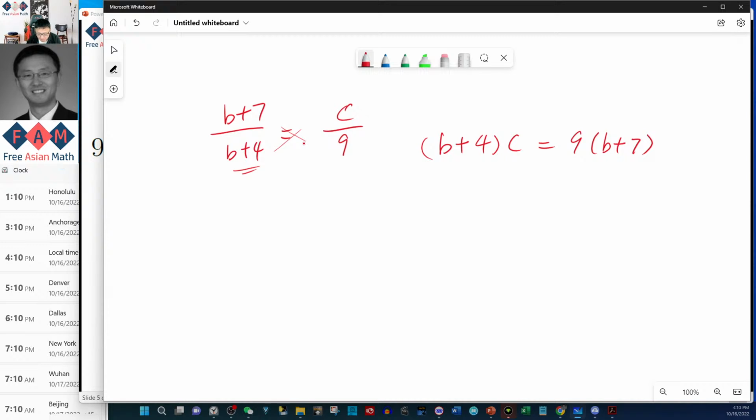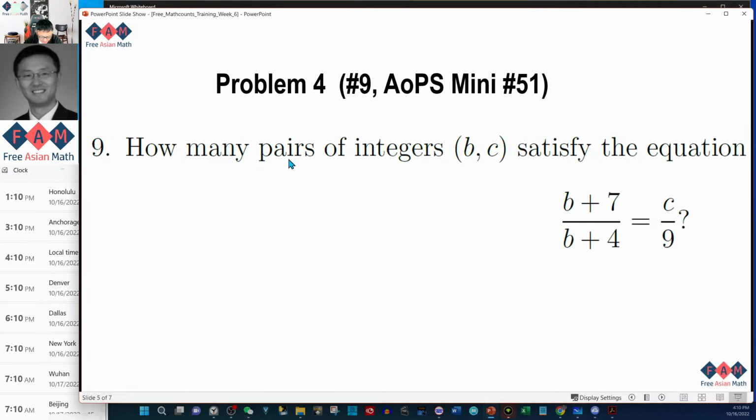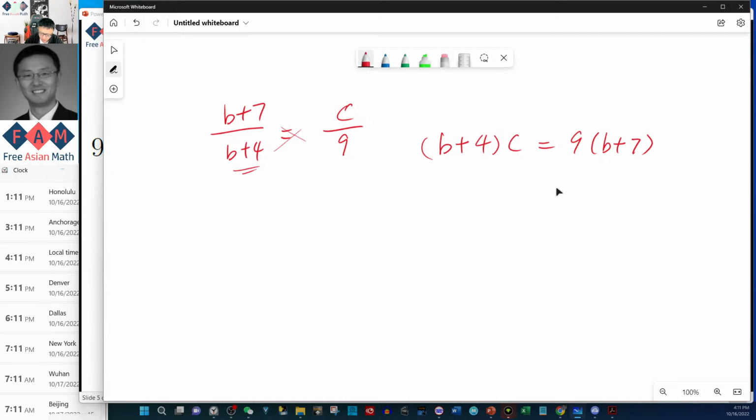So we only have one equation, but we do know that b and c are integers. Integers, but it didn't say positive integers. So we have to be careful, okay? So why don't we write this down? This is essentially bc plus 4c equals 9b plus 63.